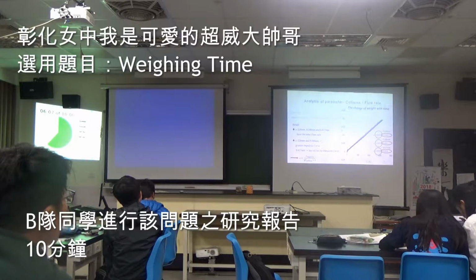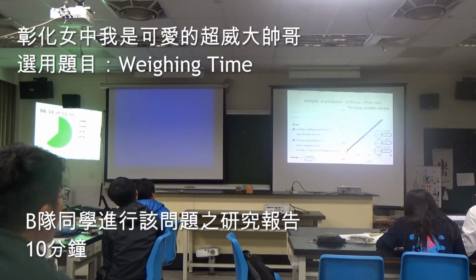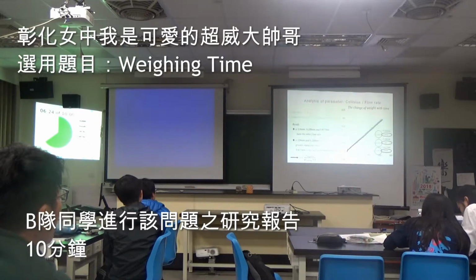And during the experiment, we found that 0.124 millimeters, 0.208 millimeters and 0.417 millimeters have the same flow rates, like the green one.